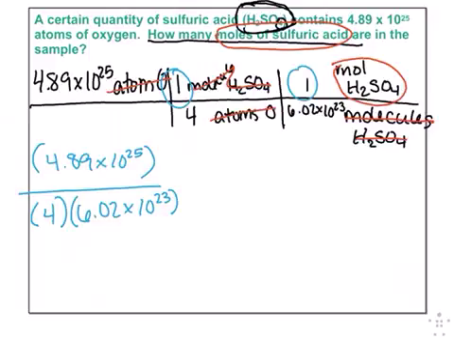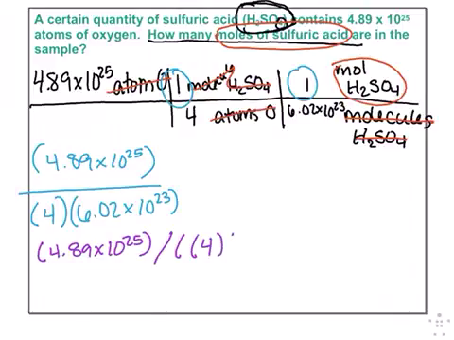Putting that in your calculator should look like 4.89 times 10 to the 25th divided by, open parentheses, 4, close parentheses, open, 6.02 times 10 to the 23rd, close, close. These outside ones are just to separate your denominator from your numerator.